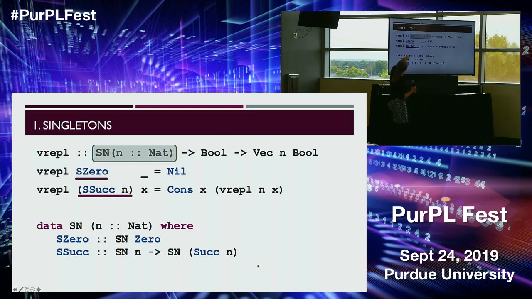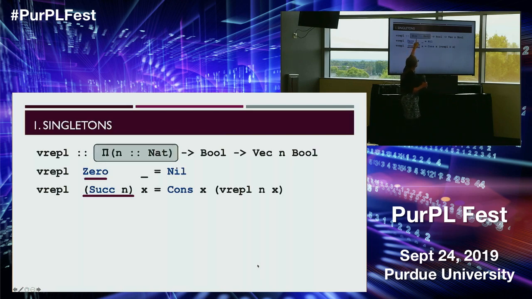And that's how we can tie together the two aspects of what's going on with a pi type. When you have a pi type like this, n is being used in two different ways. It's being used as part of the type, dependently, but it's also being used at runtime. We're doing this runtime dispatch.